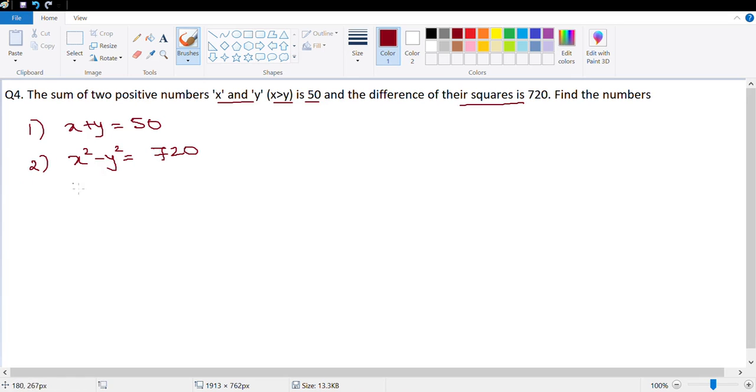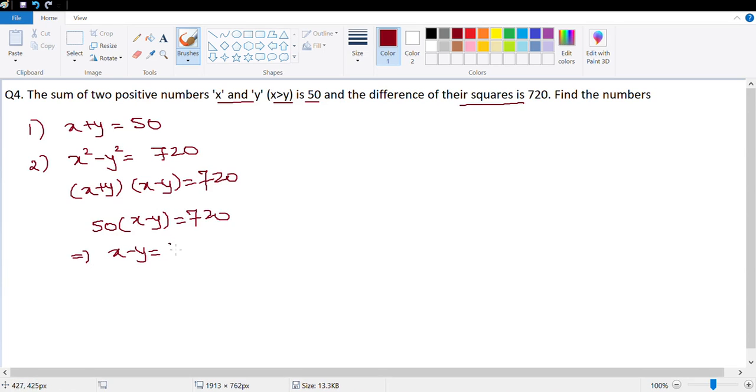We can write this as x plus y multiplied with x minus y is equal to 720, which means 50 multiplied with x minus y is equal to 720, which means x minus y is equal to 720 upon 50, which means 5x minus 5y is equal to 72.